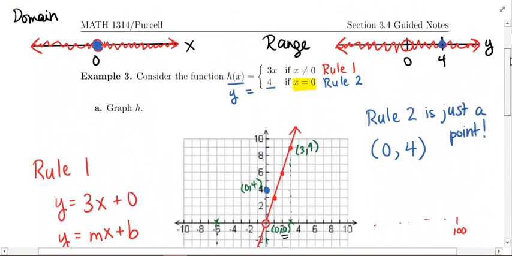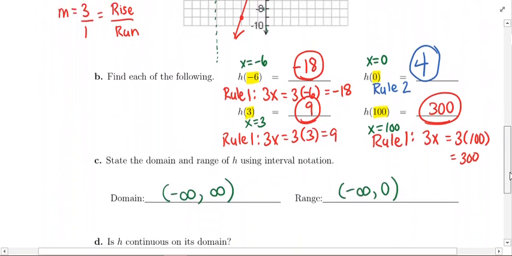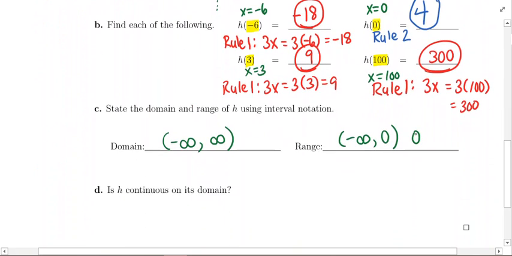As soon as we dig ourselves out of the hole on the other side of 0, we pick up there, use a parenthesis to continue to exclude it, and then travel off to positive infinity. So your range is basically all real numbers except y equals 0.